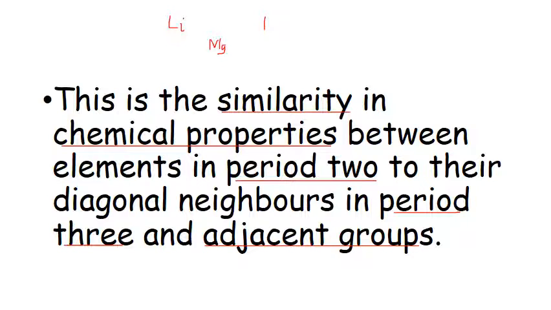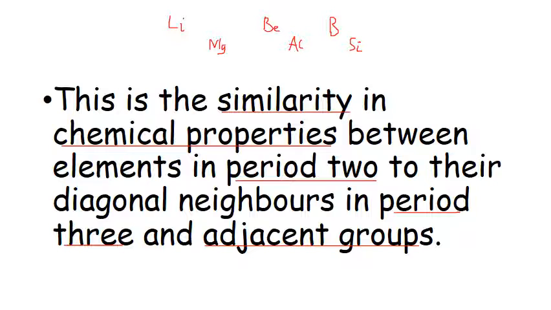And we have beryllium, and we have aluminium here. I'll talk about something small here. Then we have boron, and then silicon. These are the examples of those particular elements which have similarities in chemical properties.